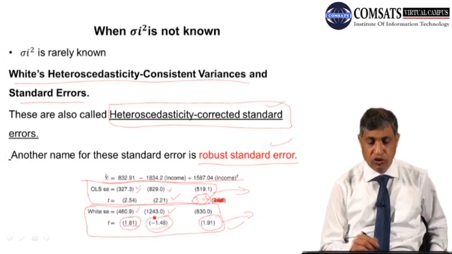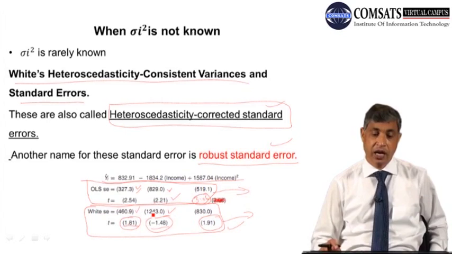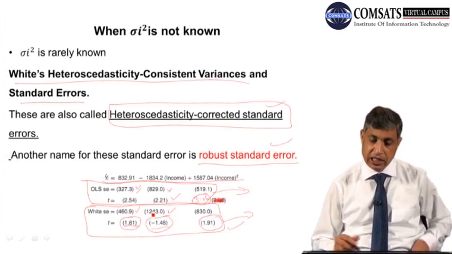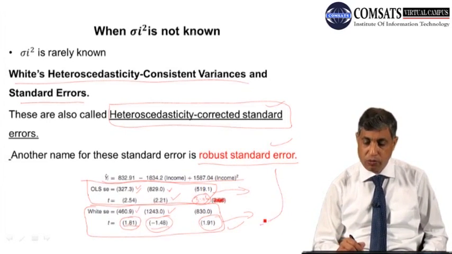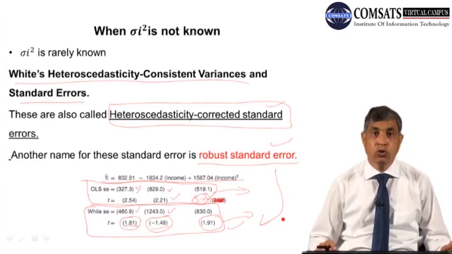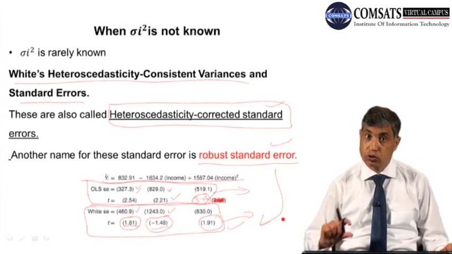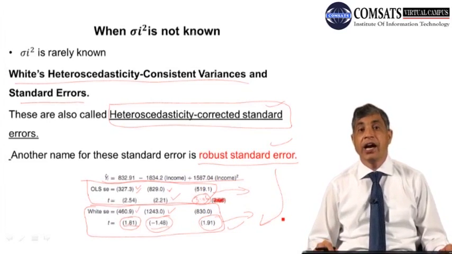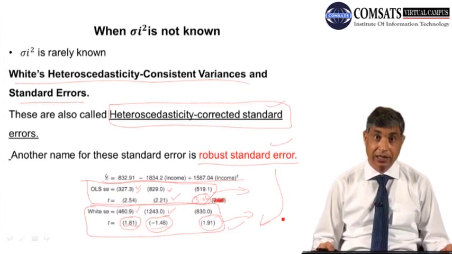When it is more than 2, we say that the results are significant. But when you corrected, when you made it the robust standard error, you came to know that the picture has overwhelmingly changed, and when you were happy that the results were significant, now the results are insignificant.